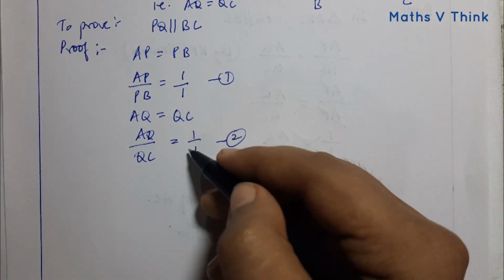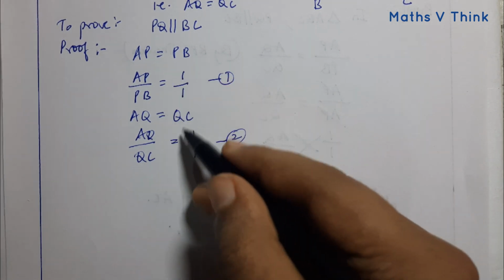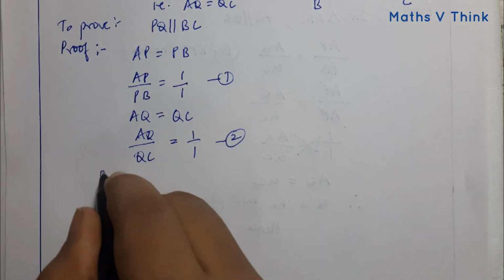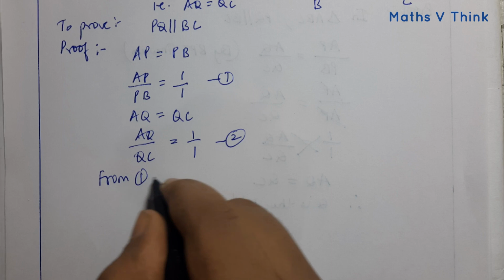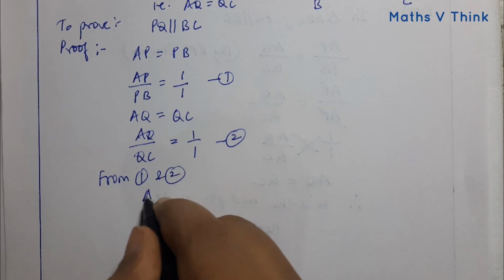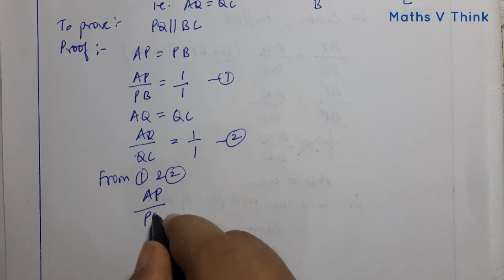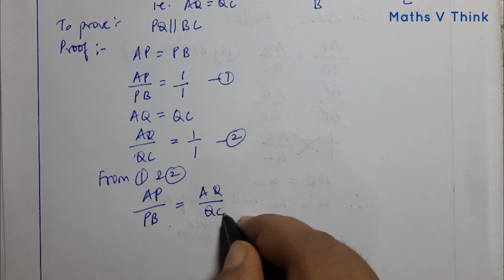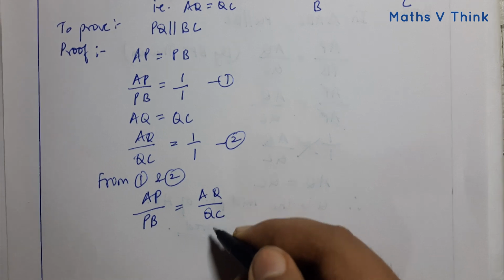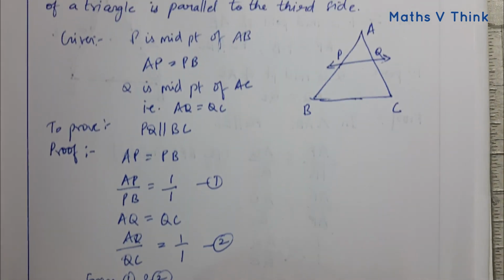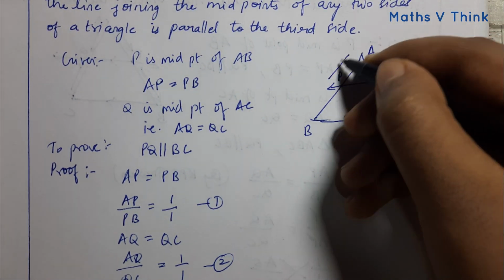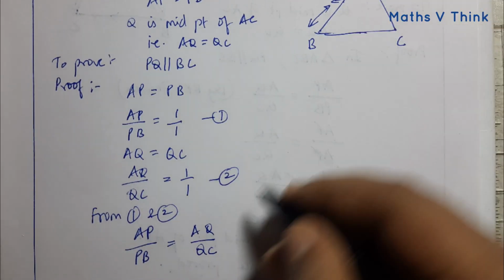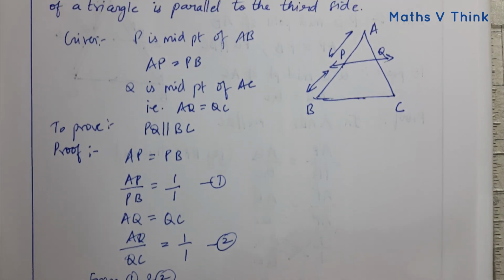Now compare 1 and 2. I can see this and this is equal. So I can tell the left part will also be equal. From 1 and 2, I get AP by PB is equal to AQ by QC. Now check in the diagram. AP by PB, so this by this, AQ by QC.